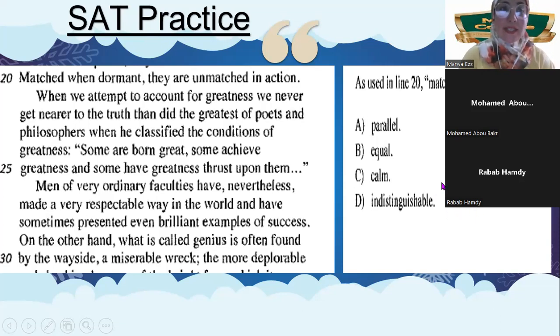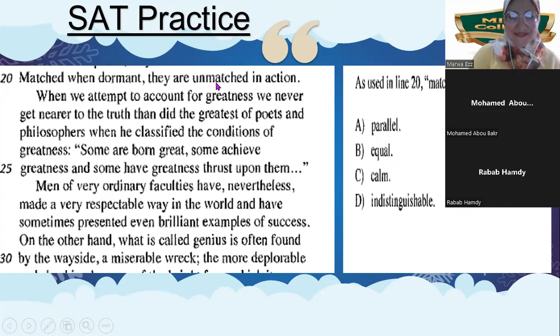Okay, so it's equal. When dormant, they are unmatched in action. What strategy helps you to get the meaning of matched? They are contrasted. There is a contrasted meaning here, something like the negative and the positive meaning. Positive, negative. So it's simply antonyms.